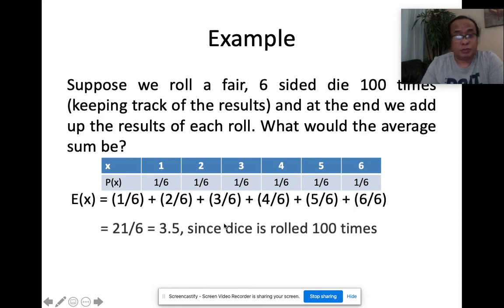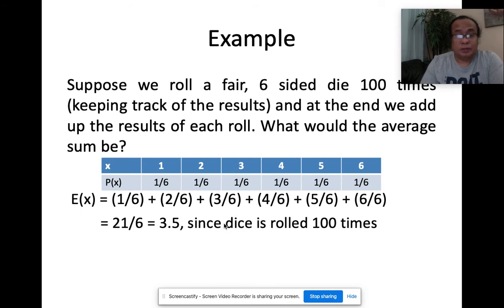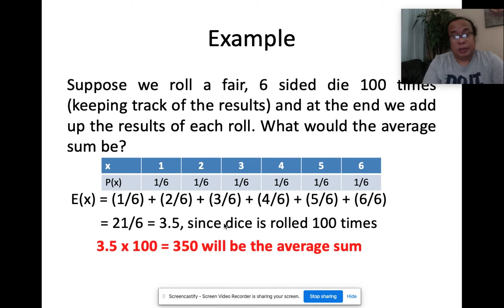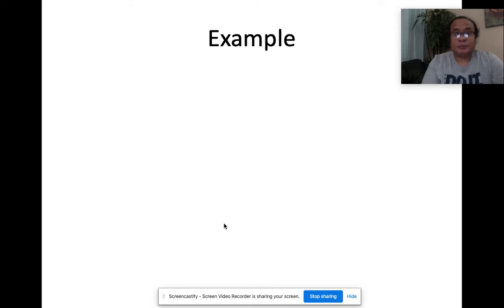That gives 21 over 6, or simply 3.5. 3.5 is the average on one roll. Since the die is rolled 100 times, I multiply 3.5 by 100, which gives 350. That would be the average sum. Any questions so far? Next.